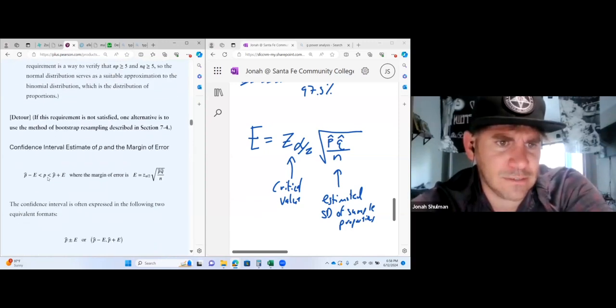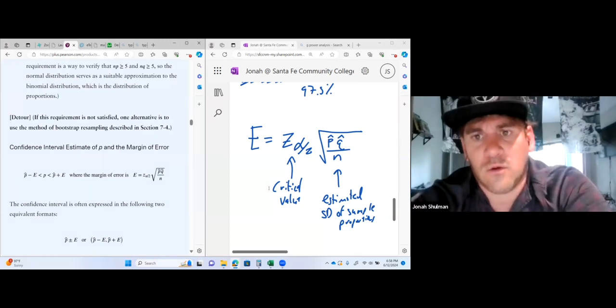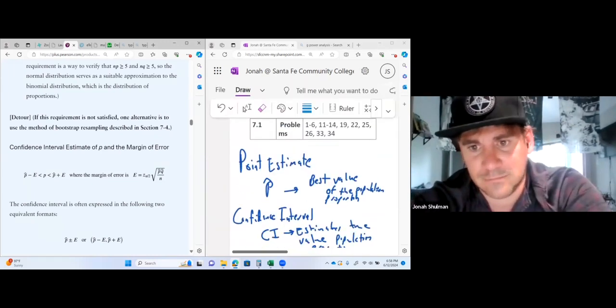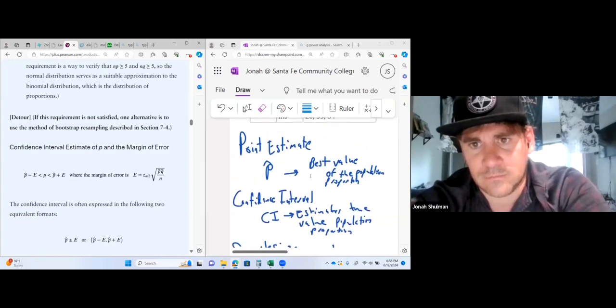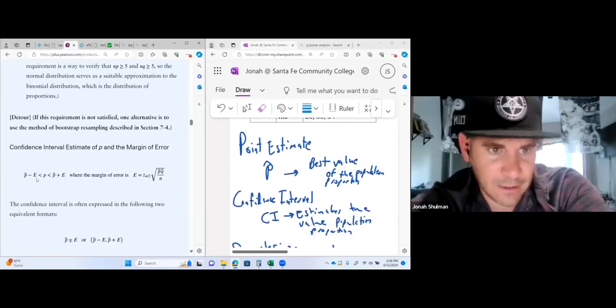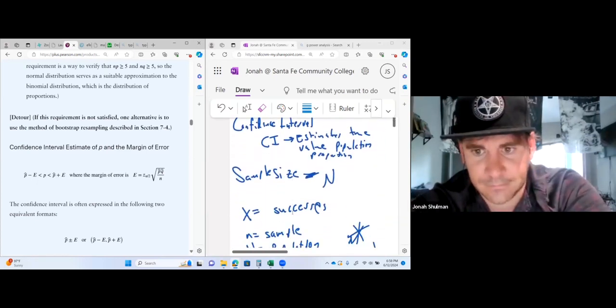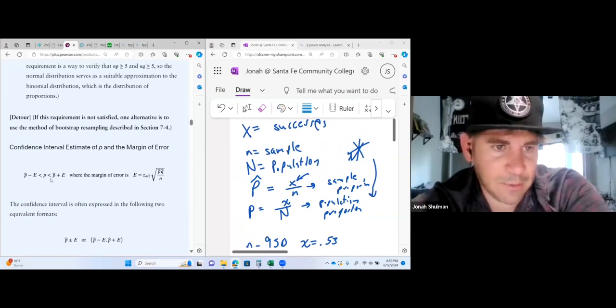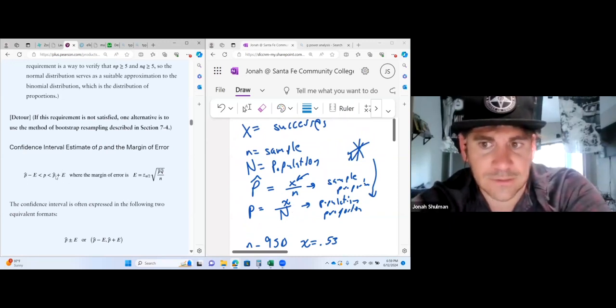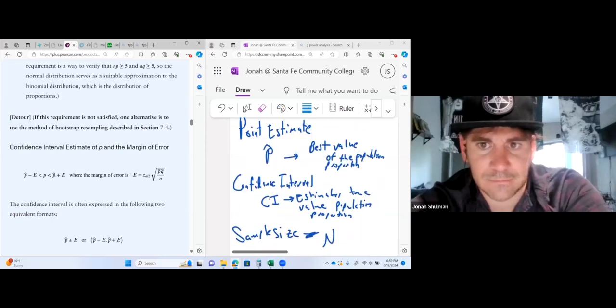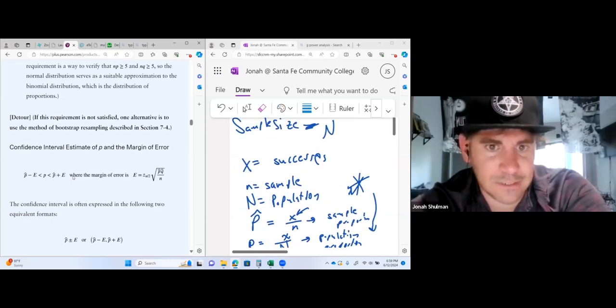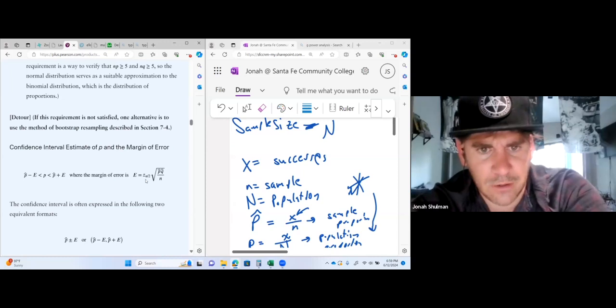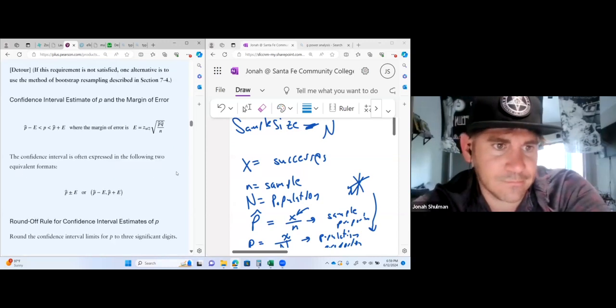All right. p̂ minus E is less than p, which is less than p̂ plus E. So what does this mean? Our point estimate minus error is less than the population proportion, which is less than our point estimate plus error, where the margin of error is that formula.